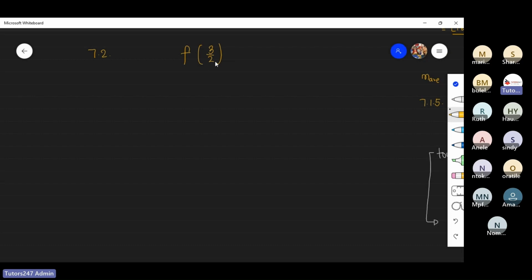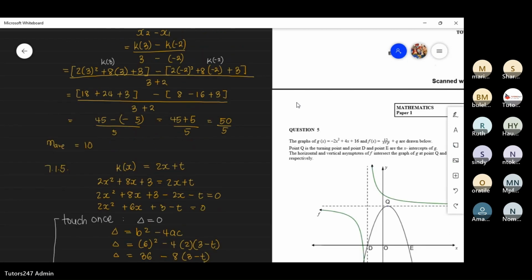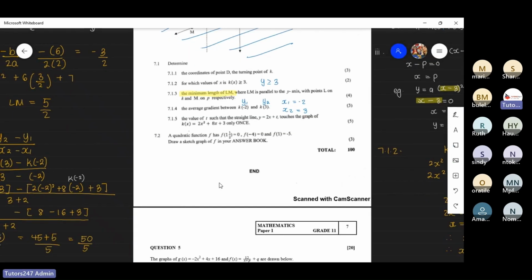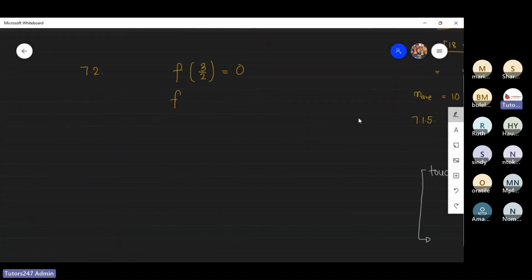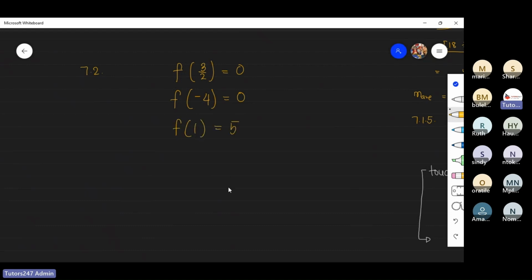It doesn't always have to be written as 1 and 1 over 2. It is equal to 0. We had f of, I believe it was -4. Let us double check. Yeah, it is -4. So we have f of -4, and that is equal to 0 as well. In addition to that, we have the coordinate f of 1, which is equal to 5.